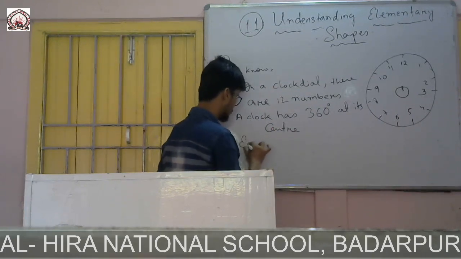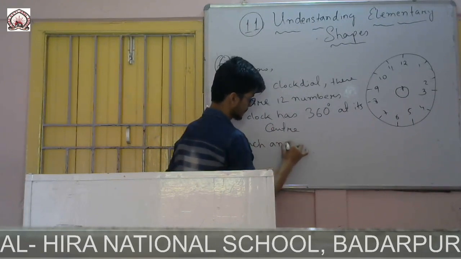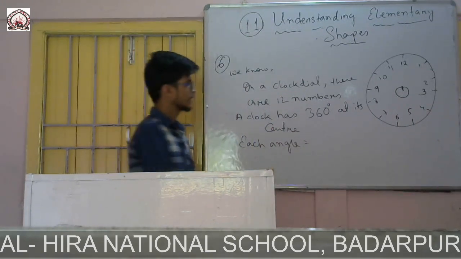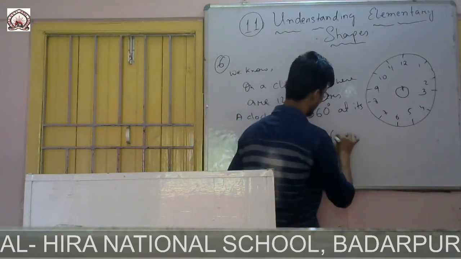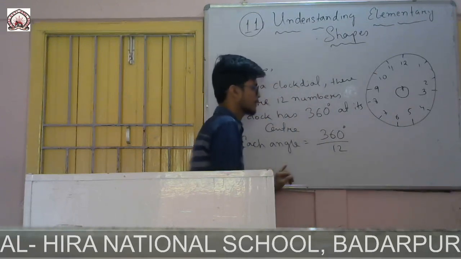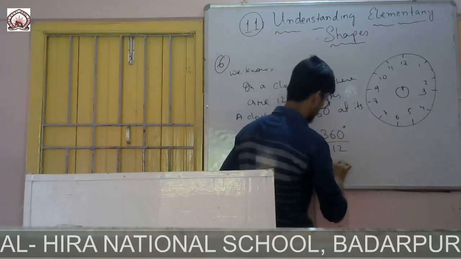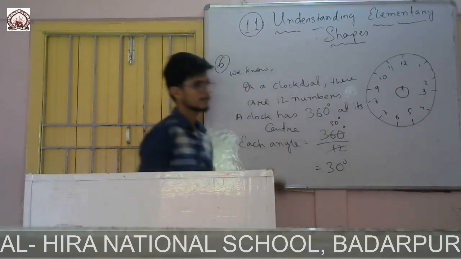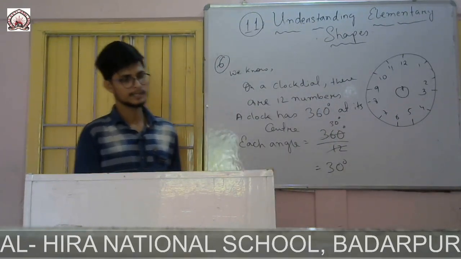Therefore, each angle is equal to 360 divided by 12. If I cancel, 12 threes are 30 degree.